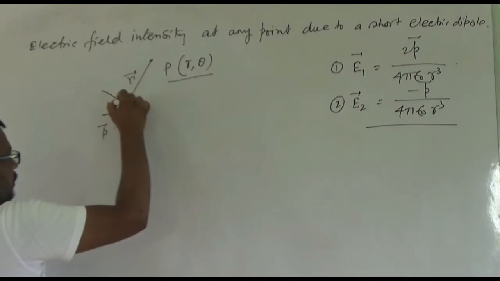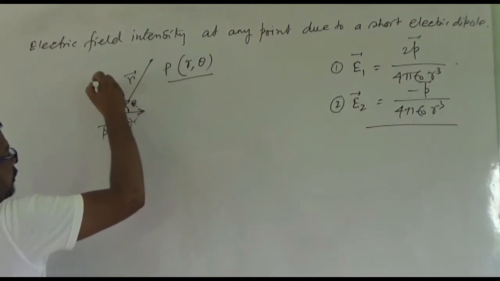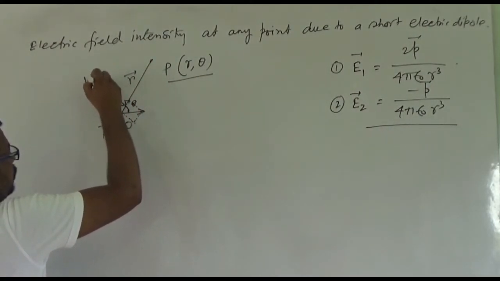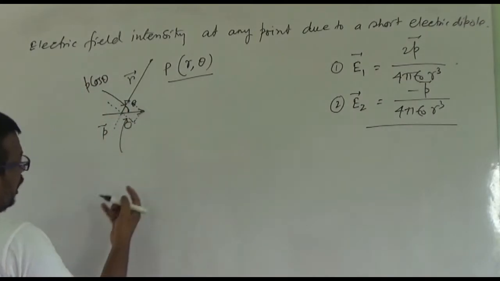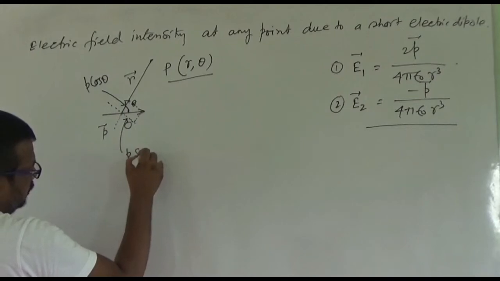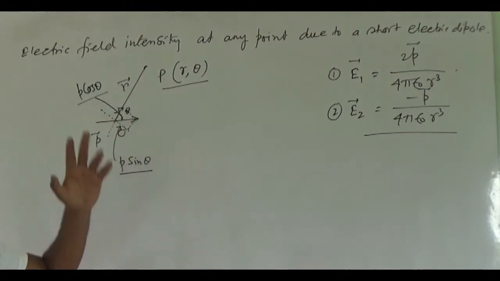And the dipole moment component along the r vector will be equal to p cos theta, and the component perpendicular to the r vector is p sin theta. Now we can assume two electric dipoles of dipole moment p cos theta and p sin theta in place of one dipole, which was the original dipole p.